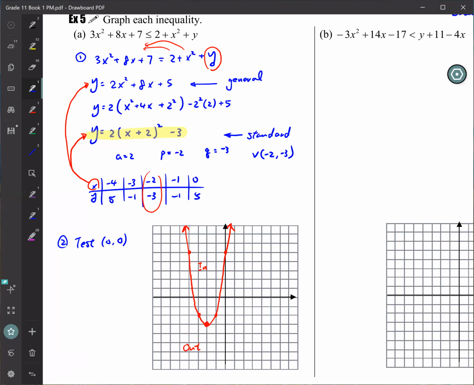When you do the testing, you plug into the original, okay? Testing is always the original to do the testing, and then check for true or false. Okay, when you finish shading, you can raise your hand again.